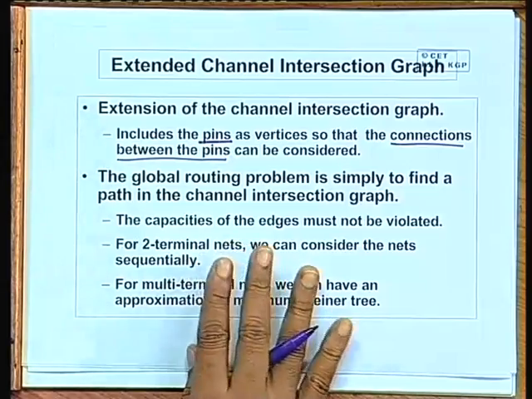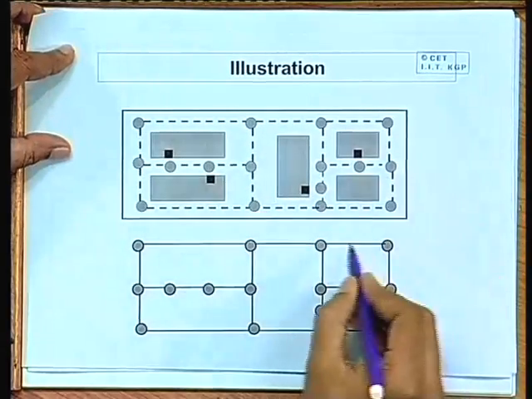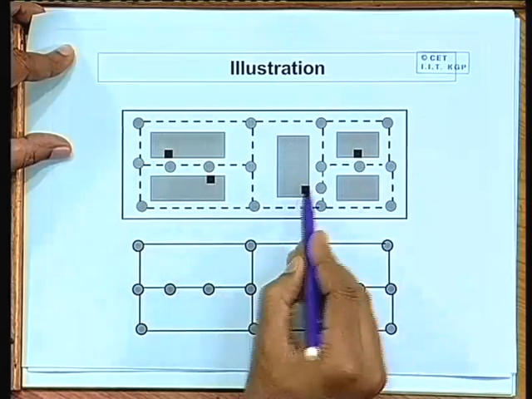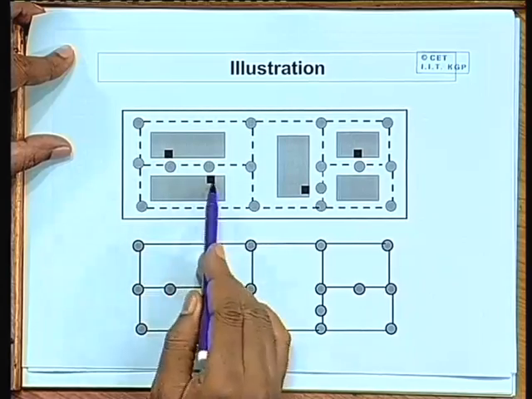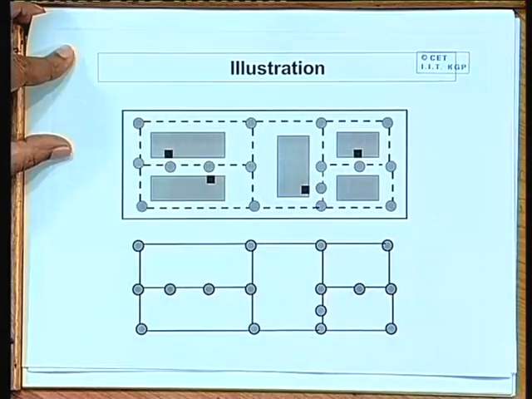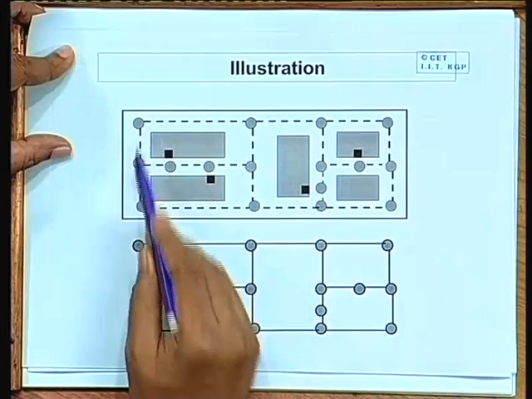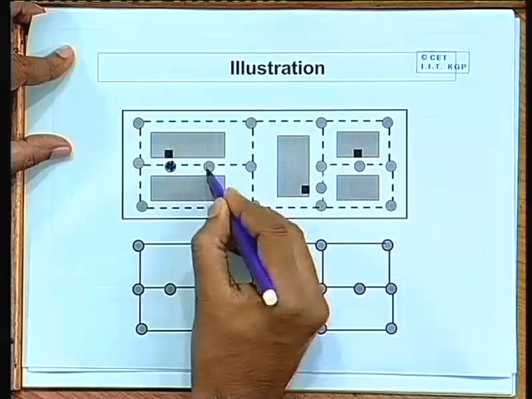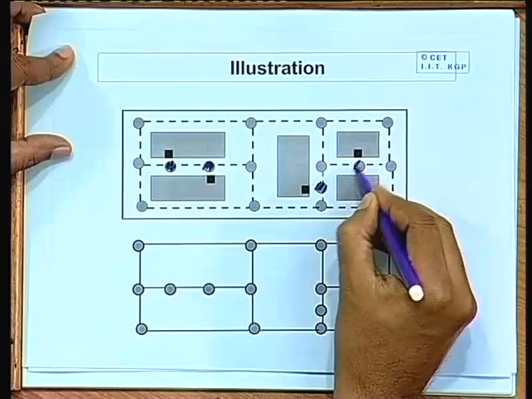First, let me give an example. The same example where I have shown 4 pins. These pins are shown by these black dots. Now, in terms of the graph, we have added some new vertices here, here, here, here.